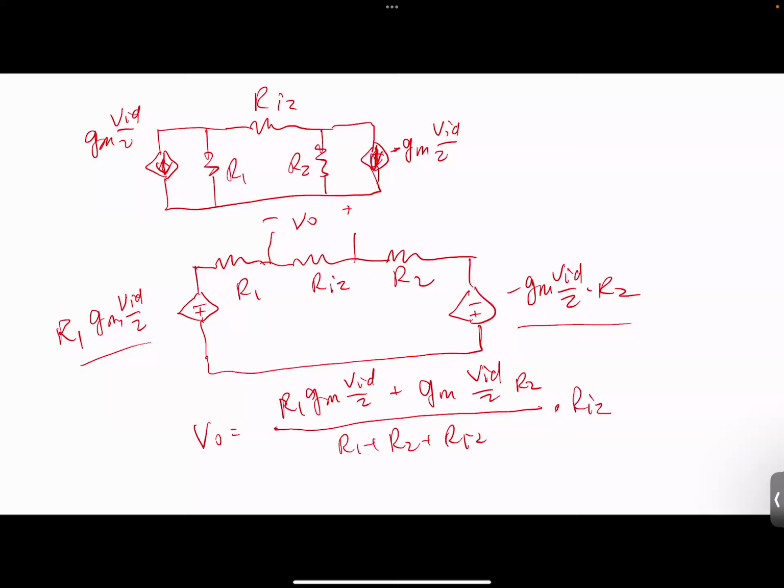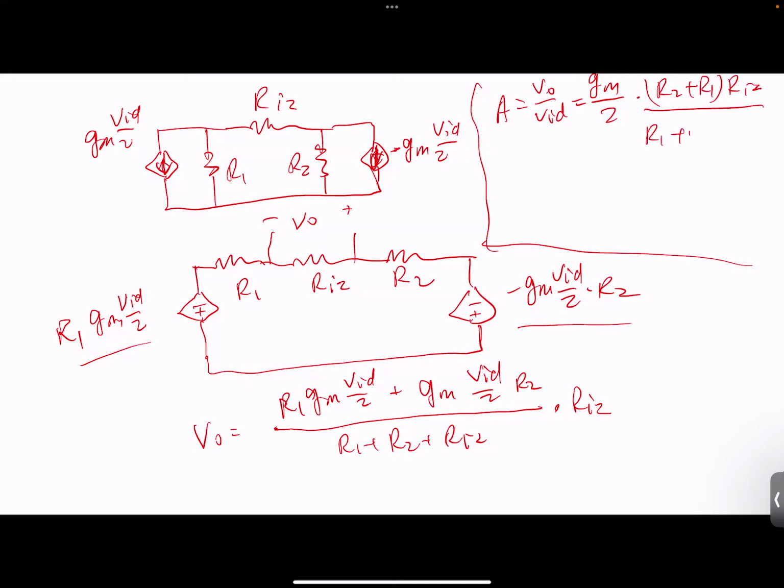Now by dividing by VID on both sides, you can get the gain. So A equals VO over VID, and it's going to be 1/2 GM. I take that out, and the top is going to be R2 plus R1 times RI2, divided by the bottom, R1 plus R2 plus RI2.